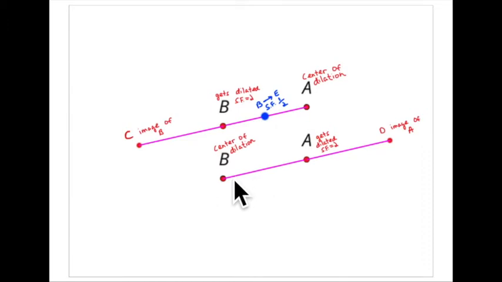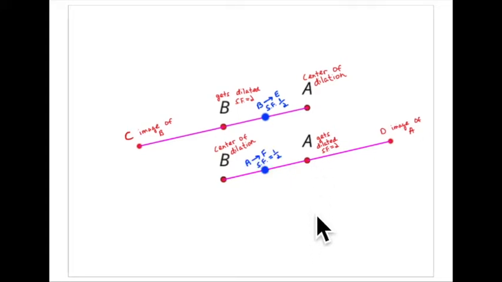And this one they're going to do the same thing. So what's a scale factor of 1/2? Where does A end up if it takes A to what they're going to call F? So the scale factor is 1/2. And so where's the image of A with a scale factor of 1/2? B is the center of dilation.